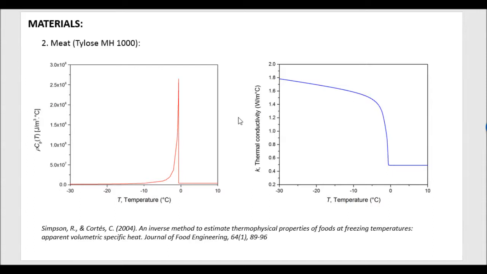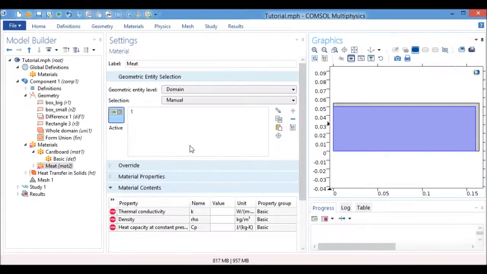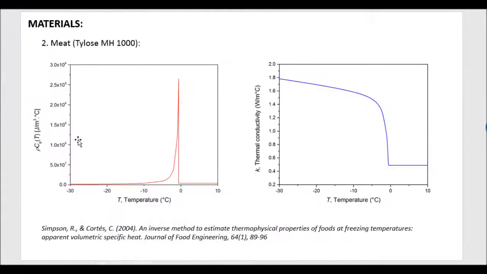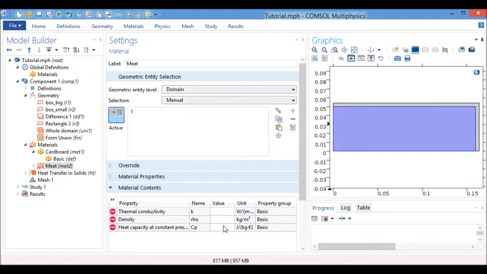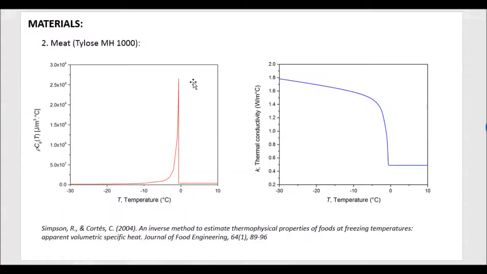So let's add the properties. First, Cp. Well, actually we have here rho Cp, so let's define rho as 1, just as 1, and then define Cp as this value. These two terms are always multiplied, so it is the same for our problem.